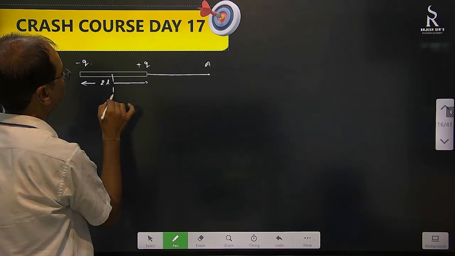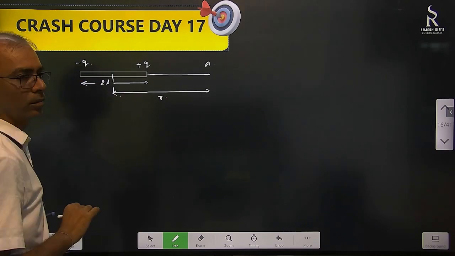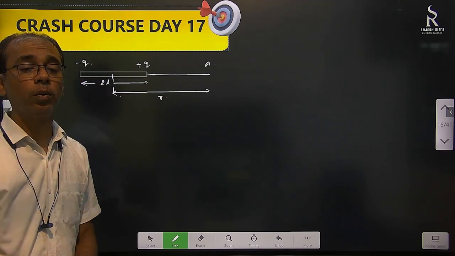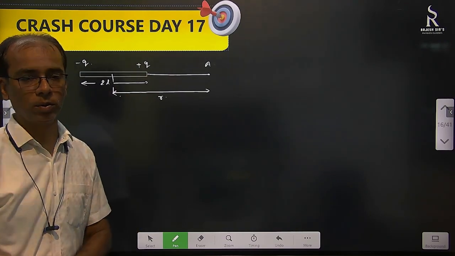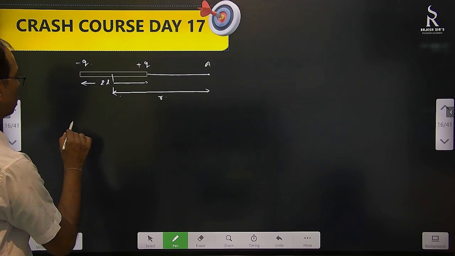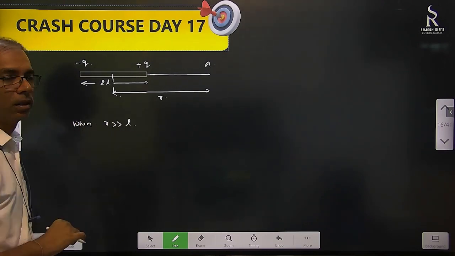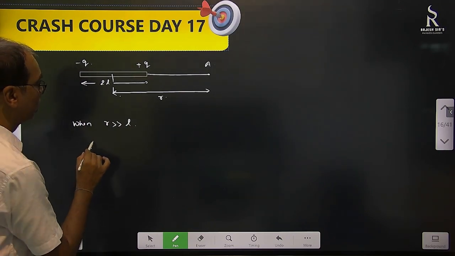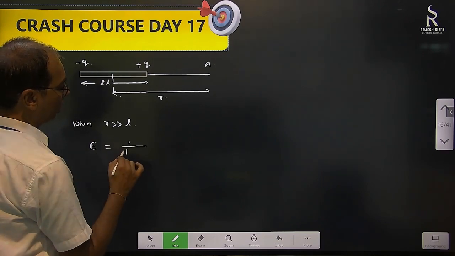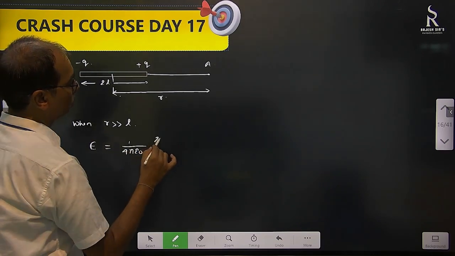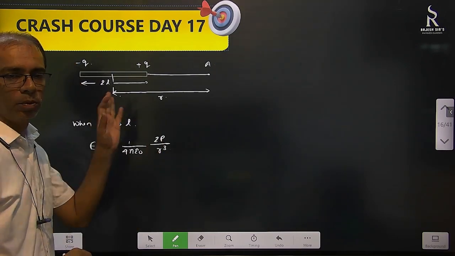From the center the distance is given as R. There are two cases: when R is comparable to L and when R is very large as compared to L. When R is greater than L, we know the formula directly: 1 by 4 pi epsilon naught 2P by R cube, where P is the dipole moment.